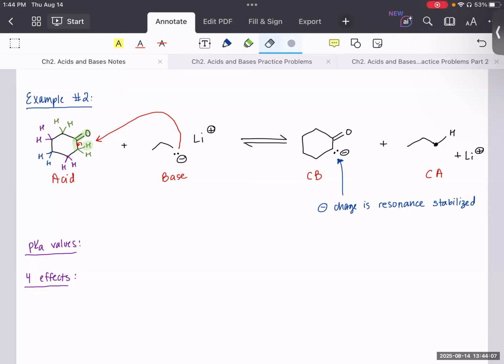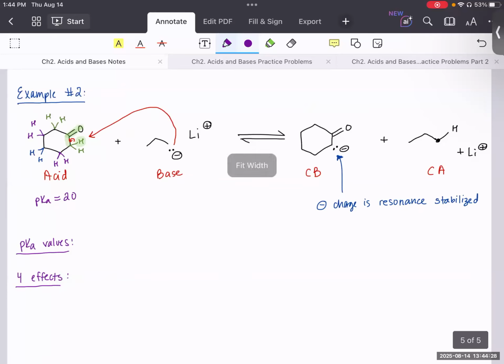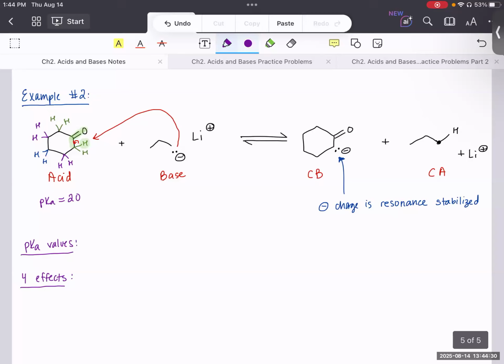All right, so from here, let's do the two different methods to determine which side will be favored. So for the pKa values, I will write out the pKa values for the acid and the base. So this one is going to be around 20. And then this conjugate acid one is over 50.